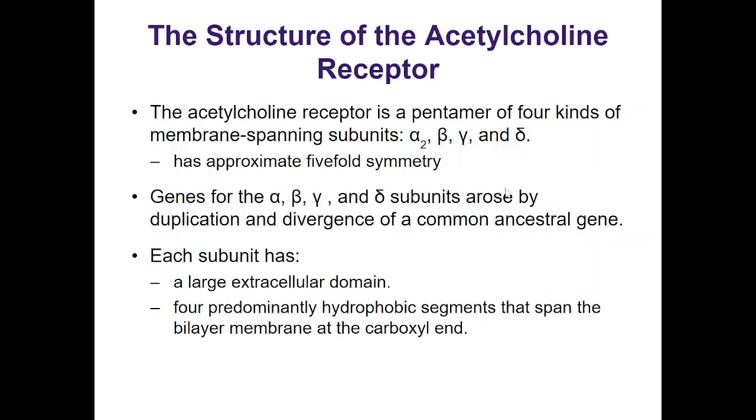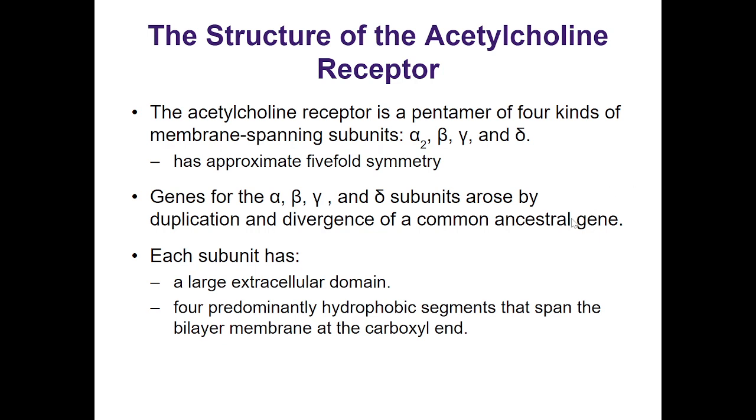Now, the structure of your acetylcholine receptor is going to be a pentamer. This will be 4 kinds of membrane-spanning subunits. We have the alpha-2, the beta, the gamma, and the delta. Okay. How many are there again?